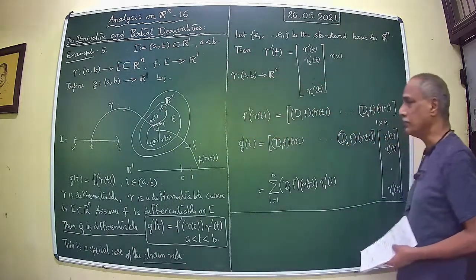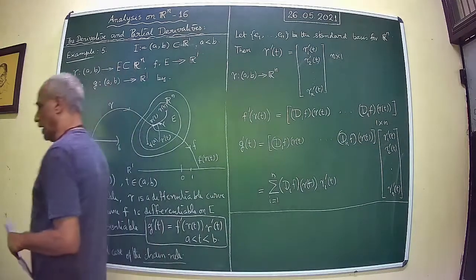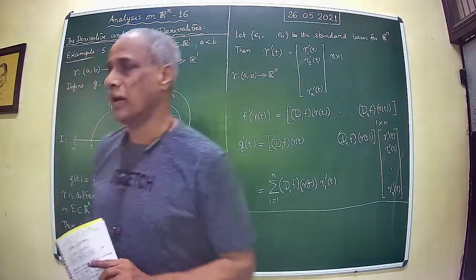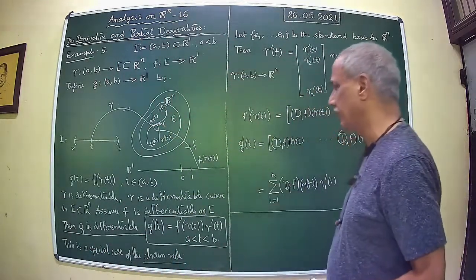Now the speed can be considered as the norm of gamma derivative of t, if you consider gamma derivative of t as the velocity.